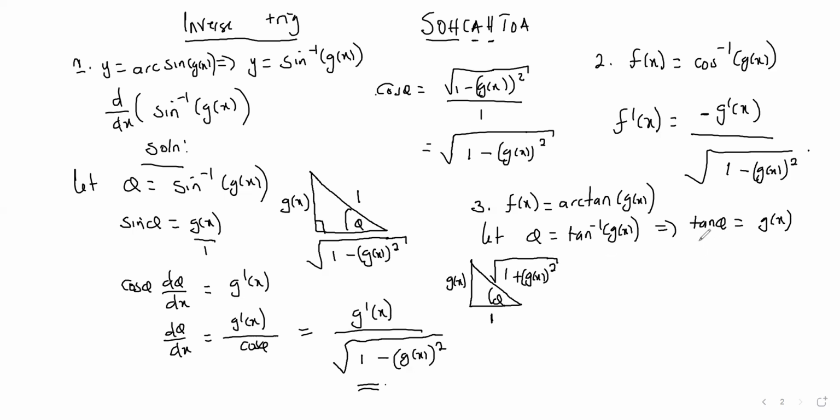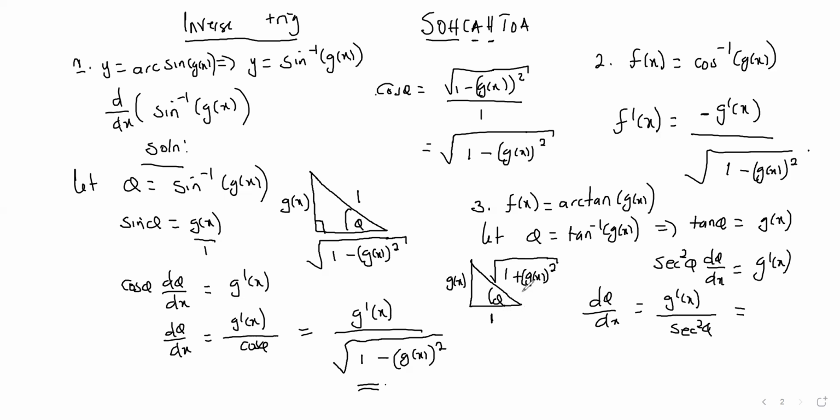Meaning we differentiate tan, we get sec squared of theta times d theta/dx, and then this will be g prime. So meaning we'll have d theta/dx equal to g prime of x divided by sec squared of theta. Now sec squared theta comes from here.